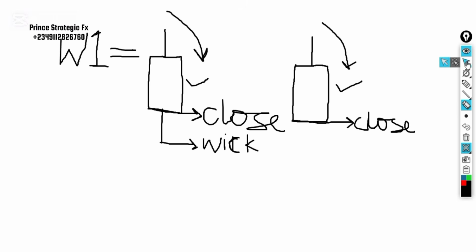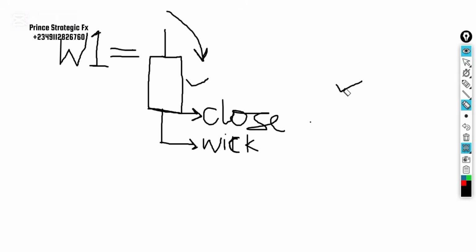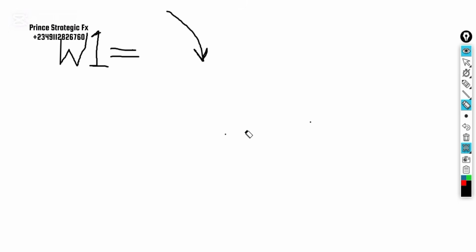Good. So what I just explained to you here is the same thing that we will also be looking out for when price is heading to the top, like the bullish market.